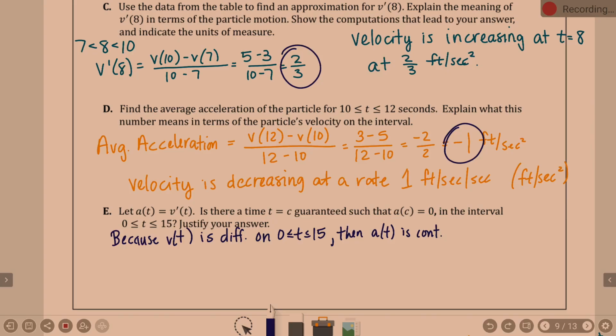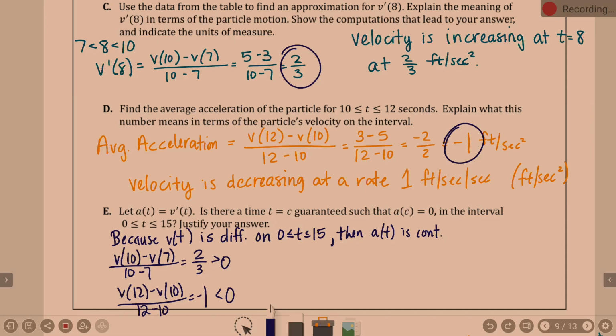If you gather your information from above, v10 minus v7 over 10 minus 7, that was the one that equals positive 2/3, which is greater than 0. The other one we had was v12 minus v of 10 over 12 minus 10 is equal to negative 1, and that is less than 0. So there's your proof that at some time acceleration had to be 0 within those two intervals.